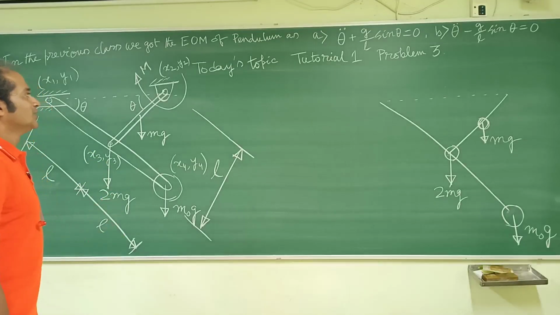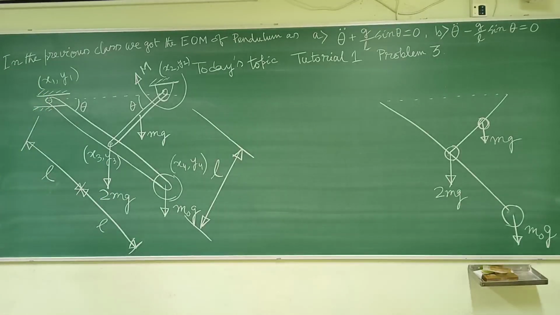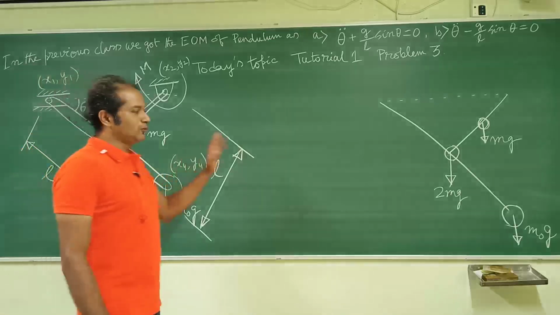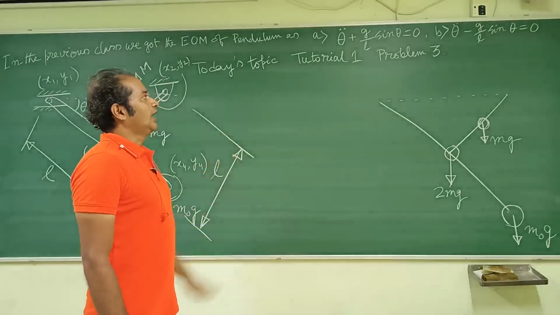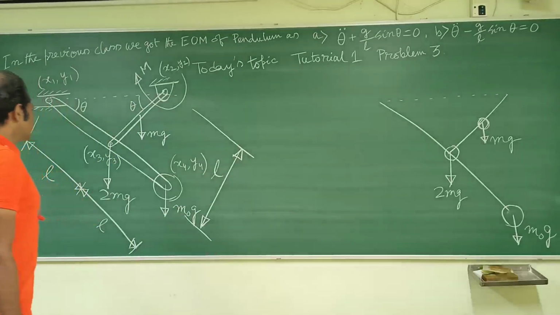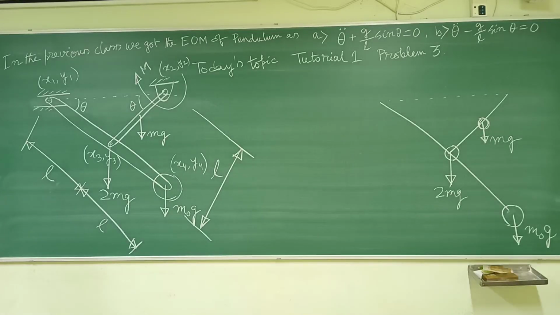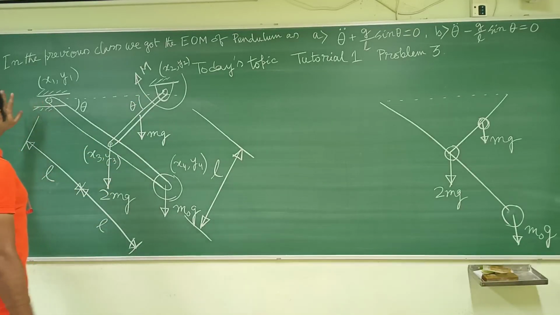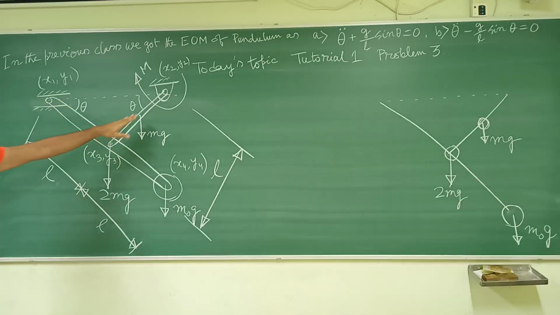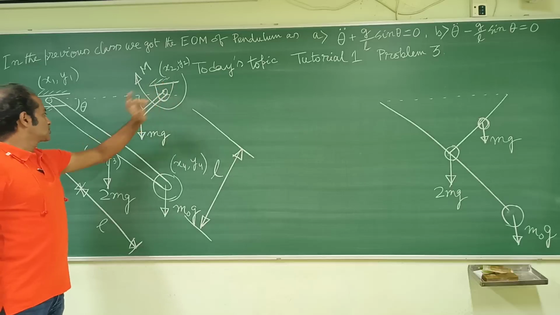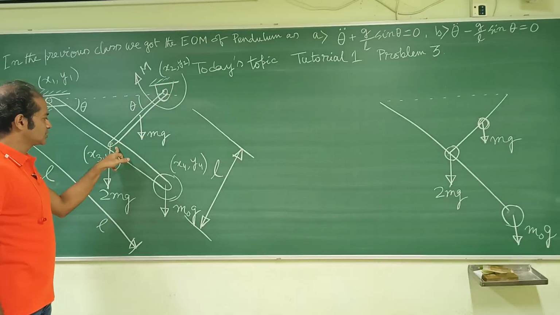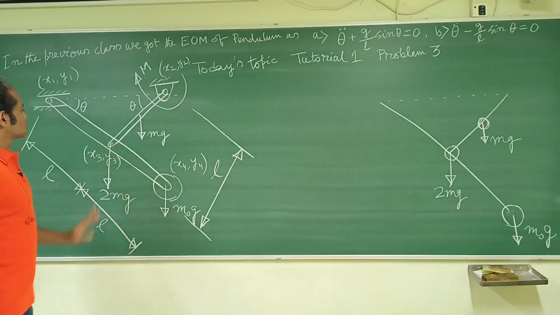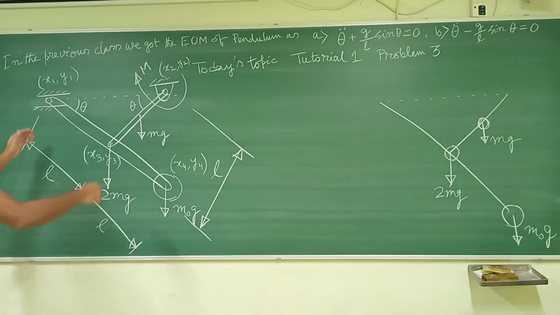Okay, sure. So today's topic is tutorial 1, problem number 3. This problem talks about this arrangement: this is a sliding way, this is the pivot, and this is also a pivoted joint. In this joint there are masses.